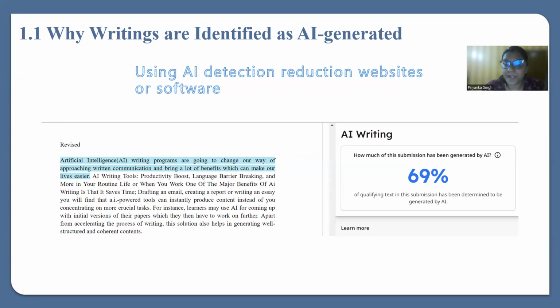Using such websites can still result in detection because they cannot completely hide AI traces. Plus, professors are not easily fooled. They can spot awkward phrasing and structural issues that indicate AI use.